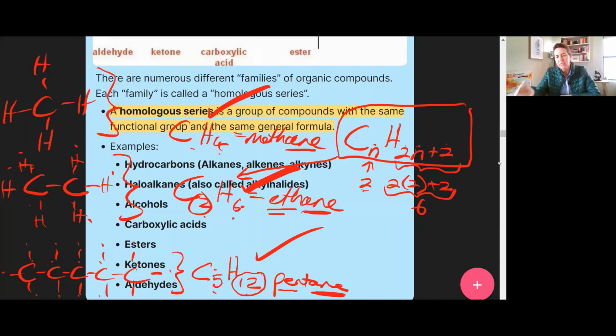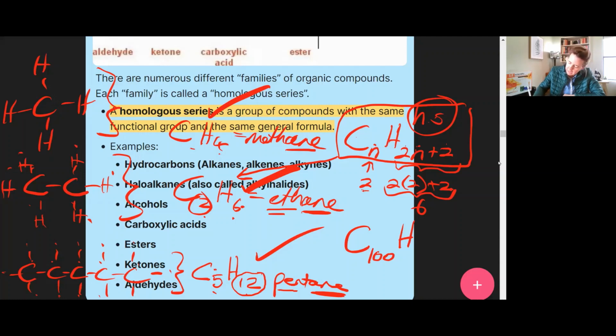And so you will find that you can now use this general formula. We call this the homologous series, right? You can use that homologous series to now predict the general formula for any number of carbons on an alkane. Say, for example, there are 100 carbons on an alkane chain, then the formula would be C100H2n plus 2.